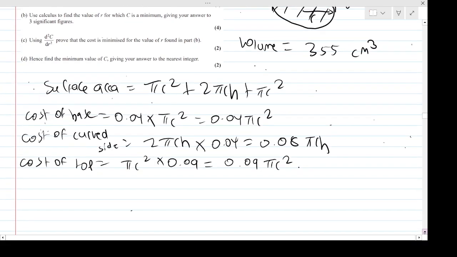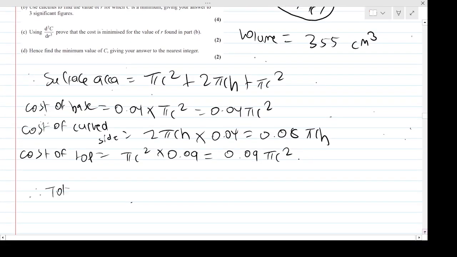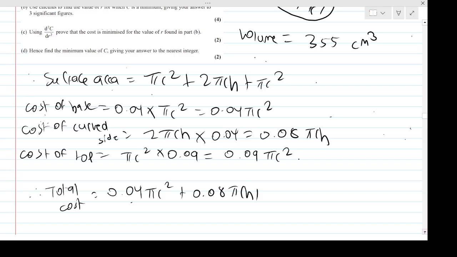So then we can add them all together to get the total cost of the whole shape, by adding all these three individual areas together to get 0.04 pi r squared, add 0.08 pi rh, add 0.09 pi r squared.